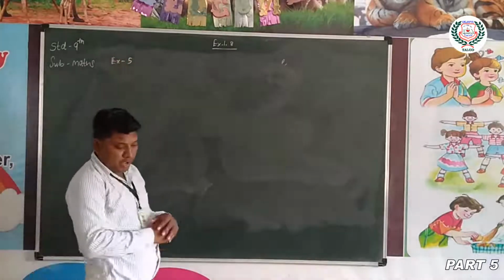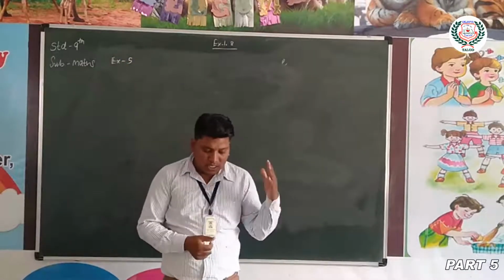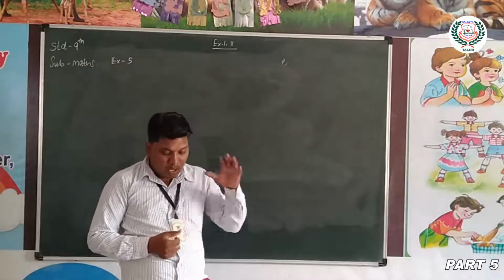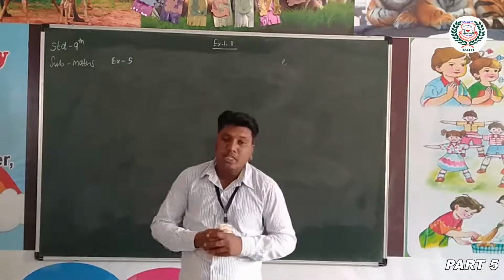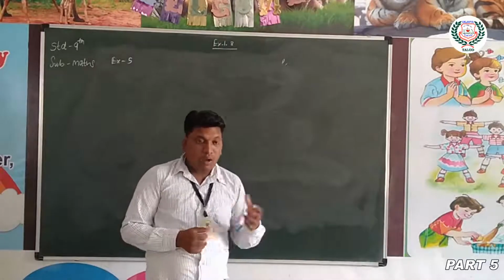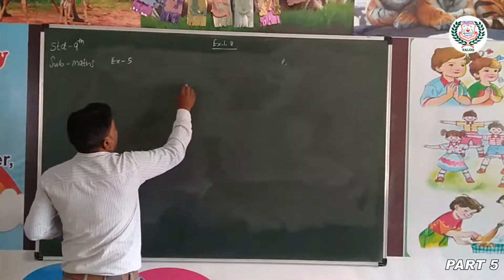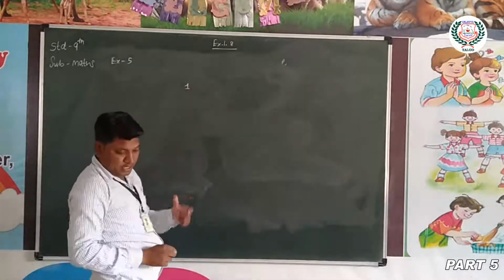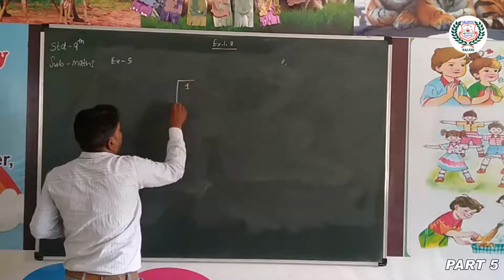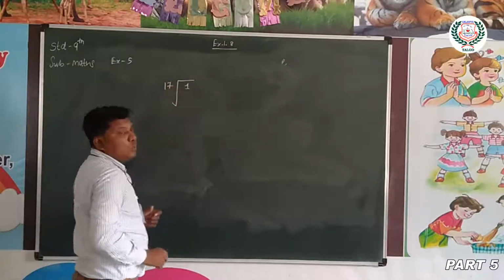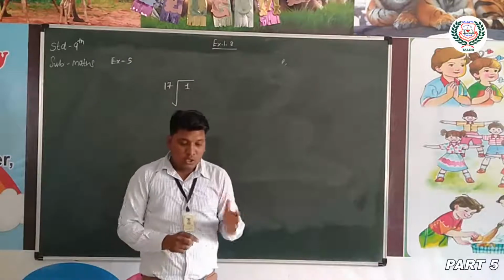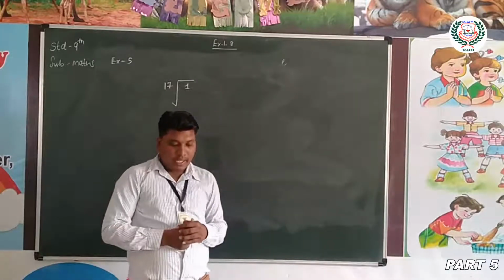Example number 5. What can be the maximum number of digits in the repeating block of digits in the decimal expression of 1 upon 17? When you do long division, you can get the answer like that.